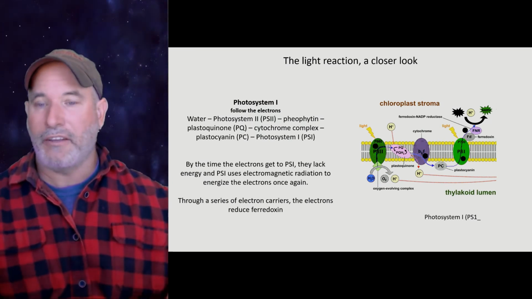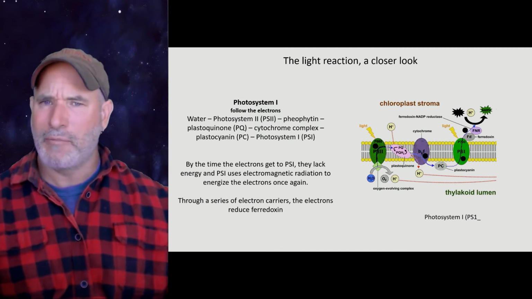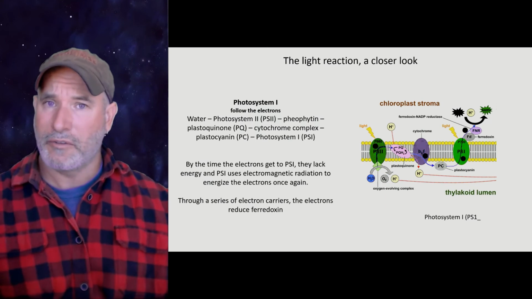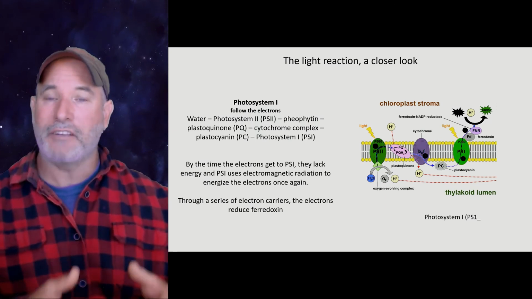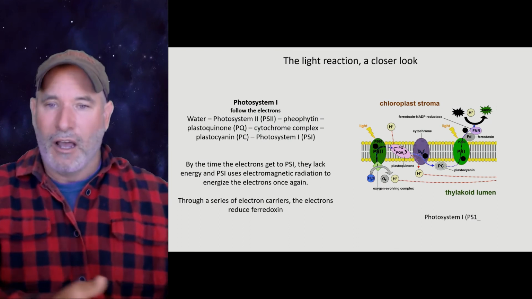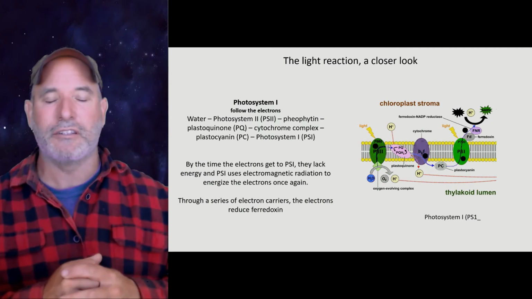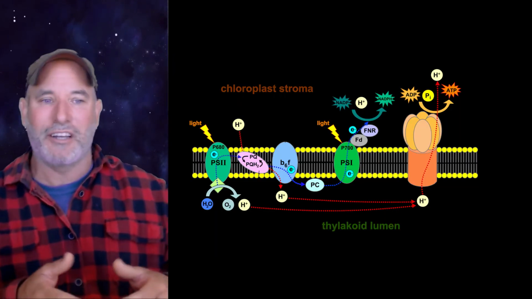Well, we can't use low energy electrons if we're going to fix carbon dioxide. And think about this. We're going to fix carbon dioxide into glucose ultimately. And we know from cellular respiration that glucose has lots of potential energy, right? Those are the high energy electrons that power oxidative phosphorylation. So you just can't walk around with low energy electrons and expect to fix carbon dioxide.